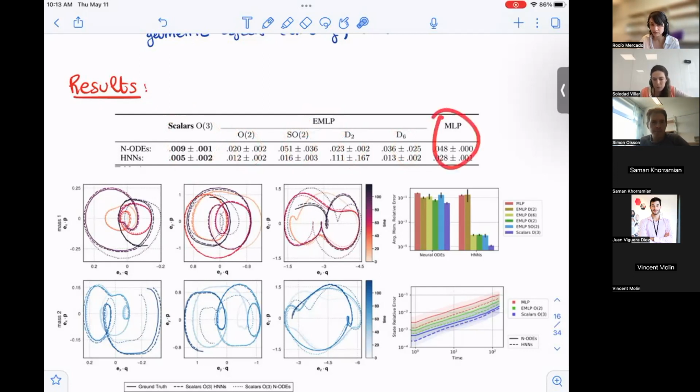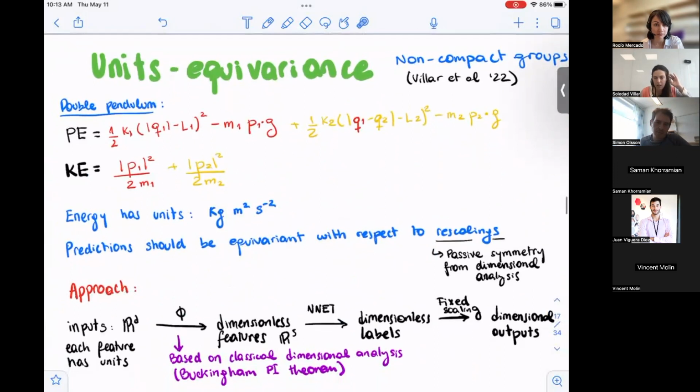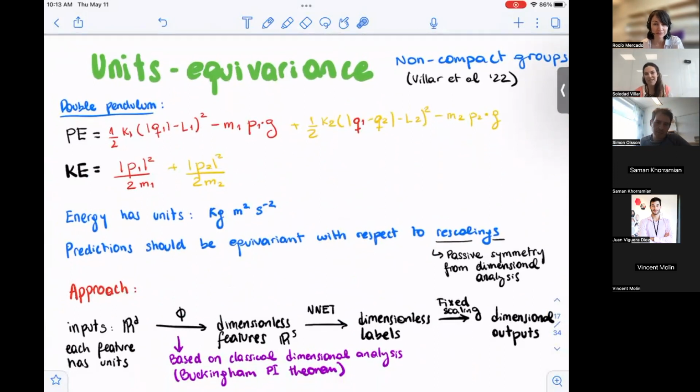And this is an MLP, which imposes no symmetries. Then the comparison is with the neural ODE, which does not impose the Hamiltonian symmetry, and the HNNs, Hamiltonian neural networks, that impose the Hamiltonian symmetry. And it works very well. So I guess that's the message. You know this is a physical problem, it has these symmetries. So the more symmetries you impose, the smaller the generalization error will be.